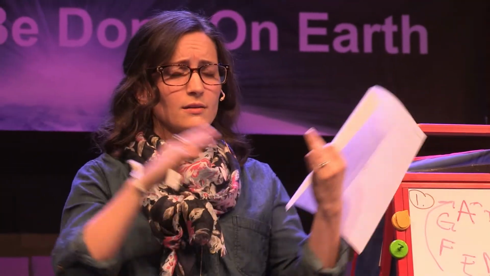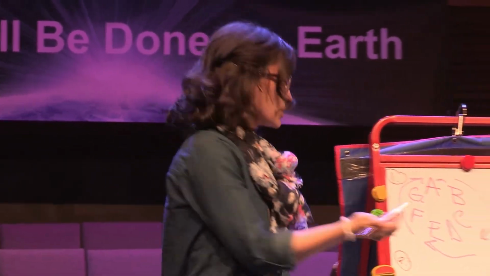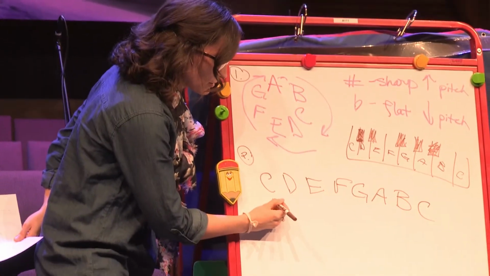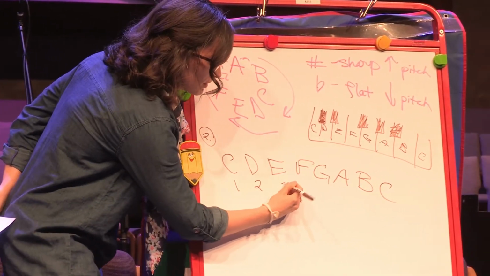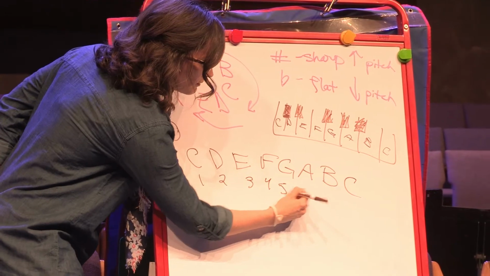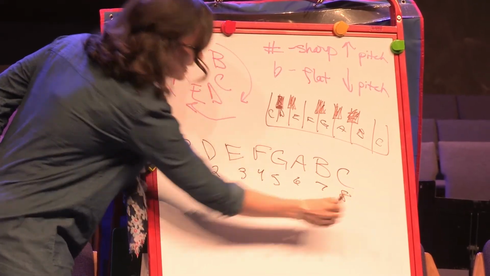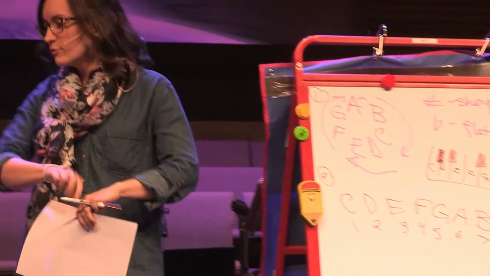Now, when we've been talking about scale degrees, we give these notes numbers. So this is scale degree 1, this is scale degree 2, 3, 4, 5, 6, 7, and 8. These scale degrees are when we've been going like this: scale degrees 3, 2, 1.